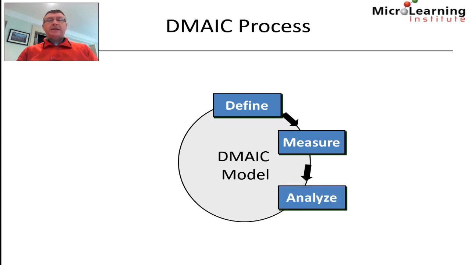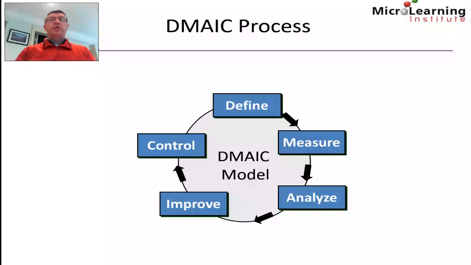Then we analyze those measures, so we analyze them graphically, we analyze them statistically to see where is the best improvement that can be made. Then we improve those processes. We take steps to eliminate non-value added activities or to maybe make the process more robust. And then we put controls in place that sustains the improvement for the future.